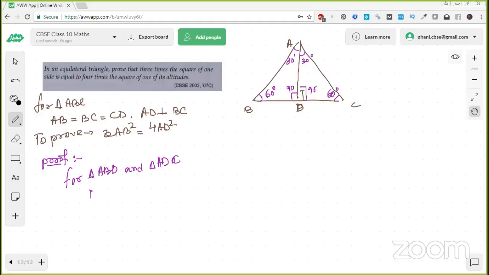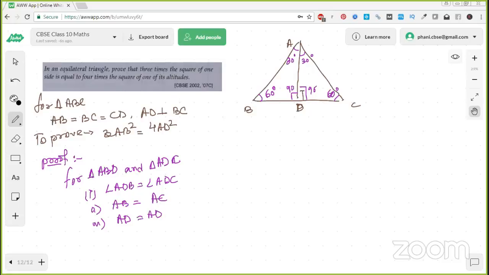the congruency. So first thing we can write that angle ADB equals angle ADC. The second thing we can write that AB equals AC. And the third thing we can write as AD equals AD.